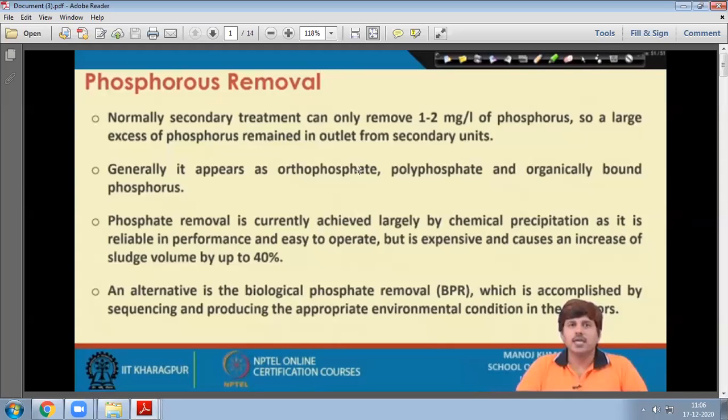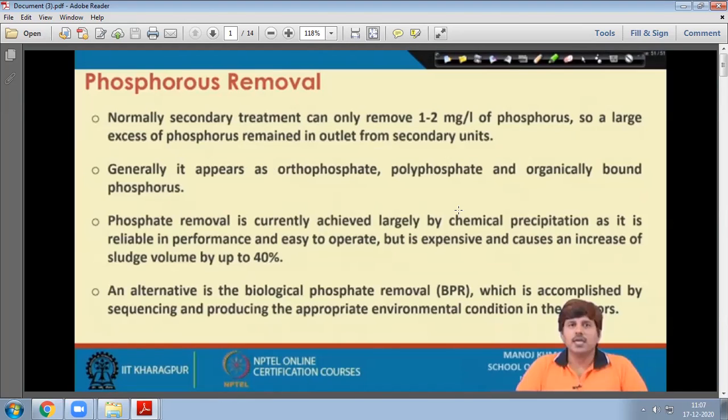Also phosphorus exists mainly in soap; in the manufacture of soap, lathering uses this phosphorus content. So normally in a treatment plant we can't remove everything, it only removes 1 to 2 mg per liter of phosphorus. So we have to remove that.